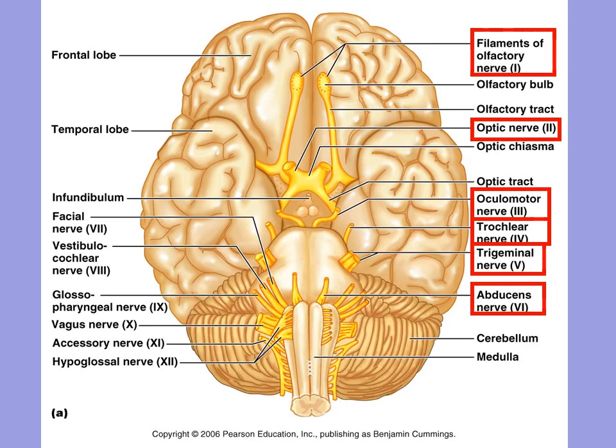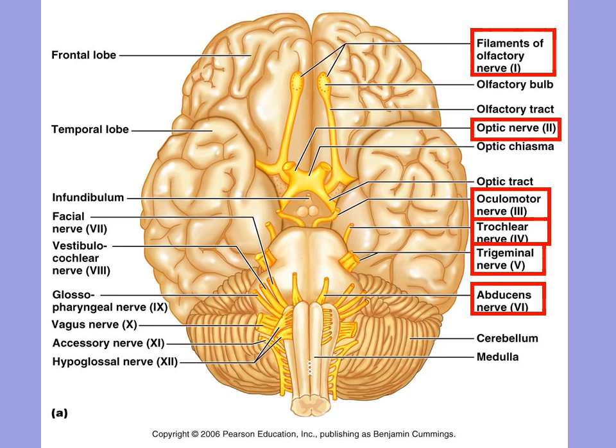Number 8 is the vestibulocochlear nerve. The glossopharyngeal nerve is number 9. Number 10 is the vagus nerve. Remember, that's the one that does extend down into the thoracic cavity as well as the abdominopelvic. The accessory nerve is number 11, and the hypoglossal nerve is number 12.